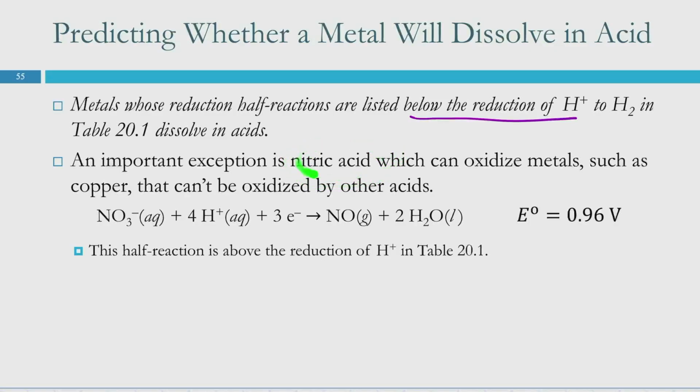Nitric acid, the HNO3 that we broke apart and looked really funky on the table, it's got a positive value for its cell potential. So that means that it's above our standard hydrogen electrode.